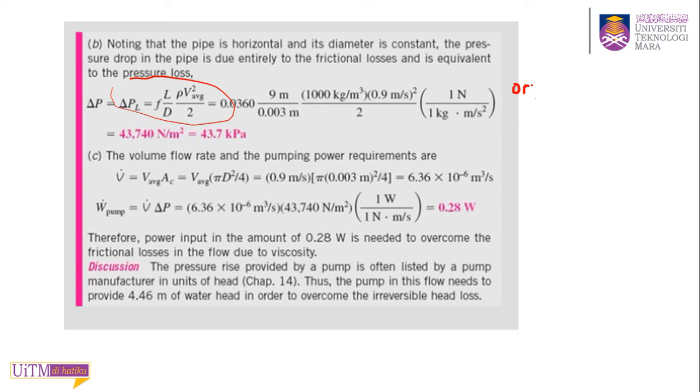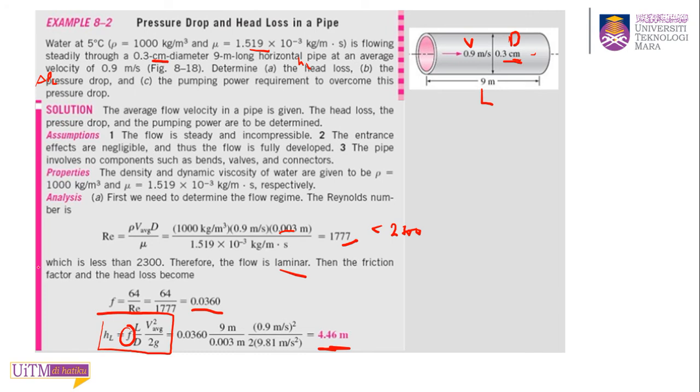Just P1 minus P2. That's if you have the values of P1 and P2. But here you don't have those values, right? Using the HL, what do we do with the HL? Divide by rho g, or times rho g? Times, right? Because we know that P equals rho g h, rho g HL.